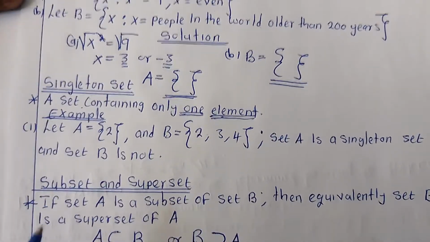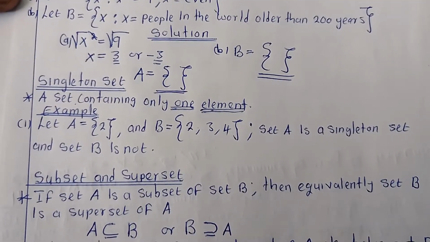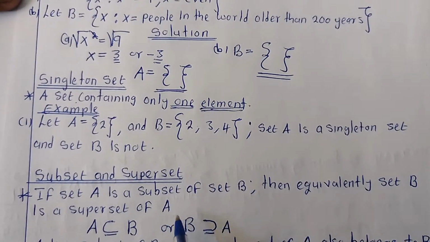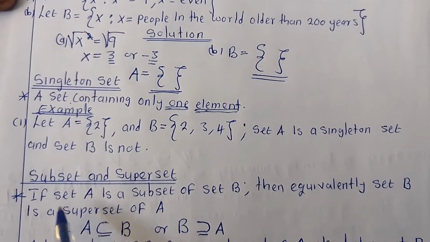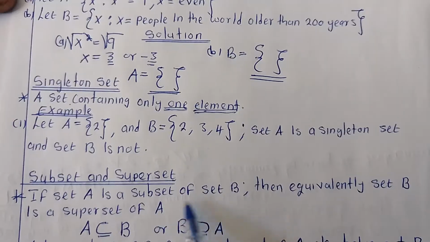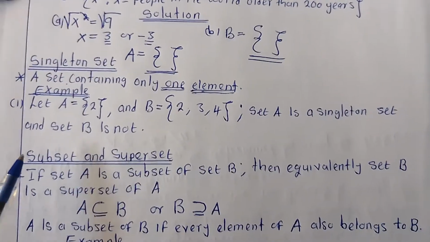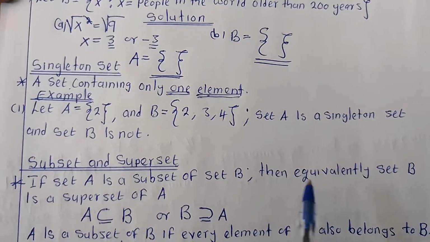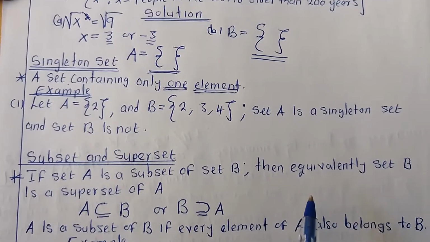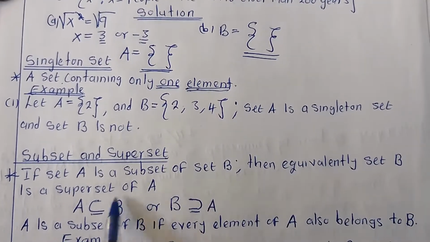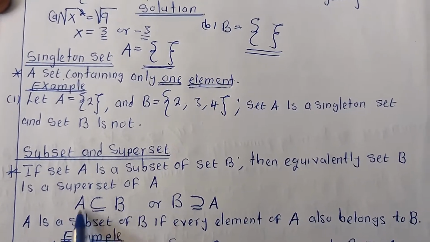Subset and superset. If set A is a subset of set B, what we are simply saying is that equivalently set B is a superset of A. So if set A is a subset of set B, whatever entity that set A contains is going to be found in set B. Then equivalently, if we take it vice versa, we simply say that B is a superset of A. Now this can be written in this form.